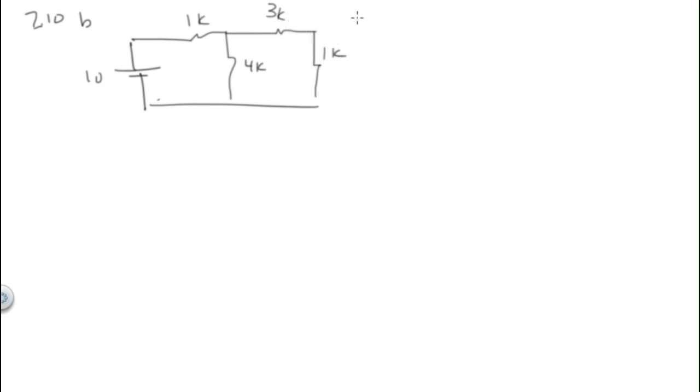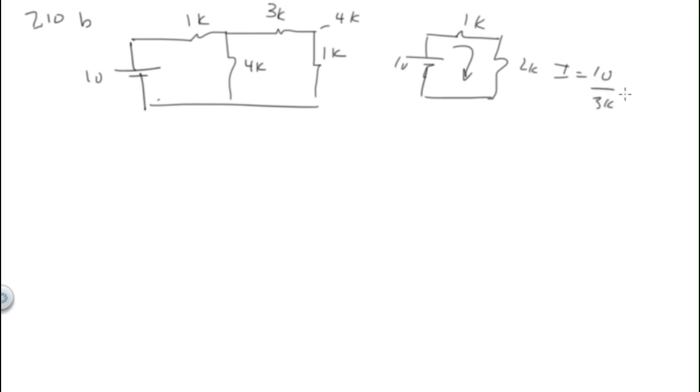So remember, these add up to 4K, right? I can just put a little notation right there that that's 4K. So then this and this is 2K. So basically I have a circuit with 10 volts, and I have 1K up here and 2K over here, which gives me a current of 10 divided by 3K, which is what?